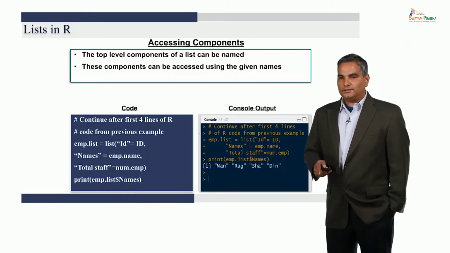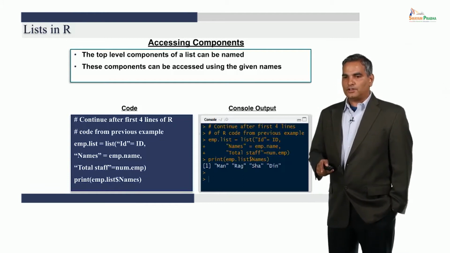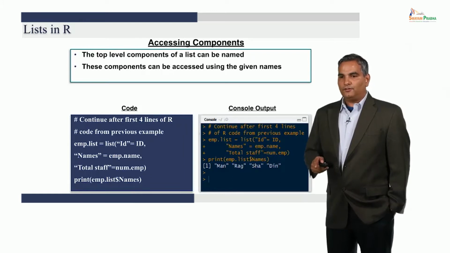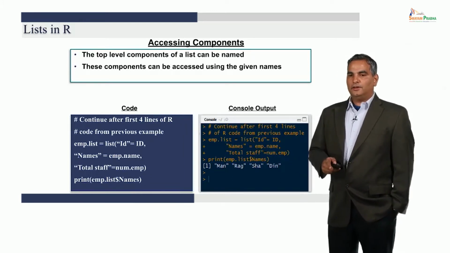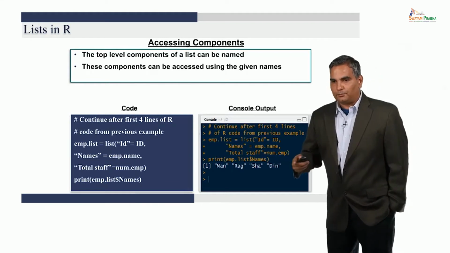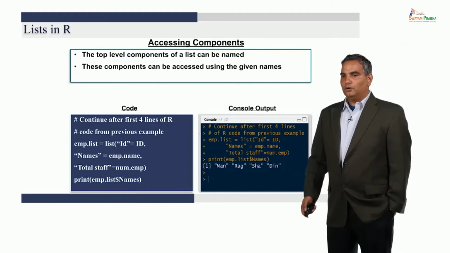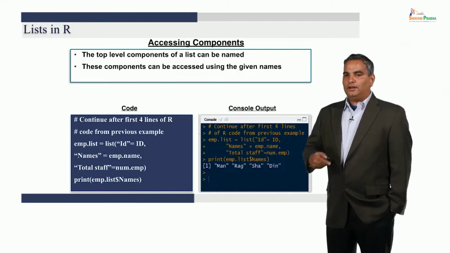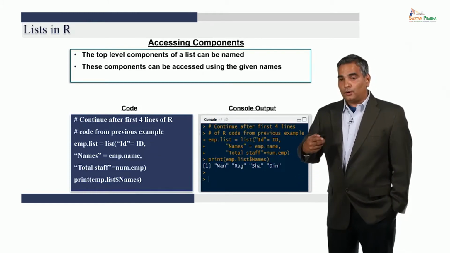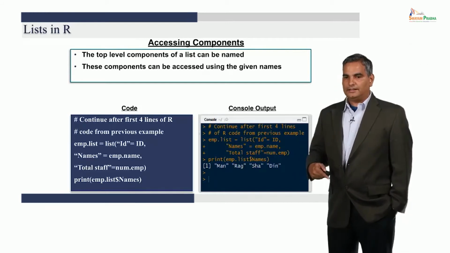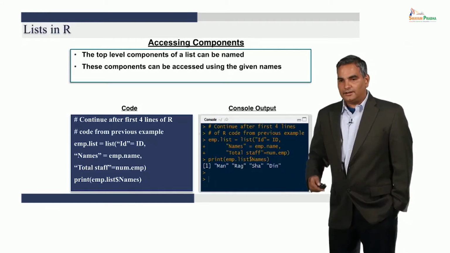So if you look at this command list, within double quotes id is the name we have given for those 4 integers 1, 2, 3, 4, and names is the name we have given for emp.name and so on. So here not only are we defining the list, we are also defining identifiers for every one of the objects that we have defined in the list so that they can be easily retrieved and worked with.